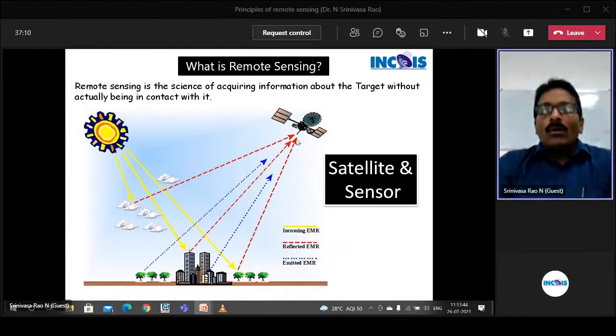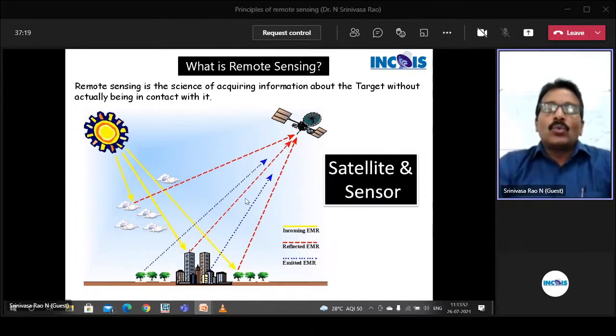Now, satellite is a word we regularly use. Here you have to understand the difference between two words. In remote sensing, in any textbook, you hear two words: satellite and sensor.